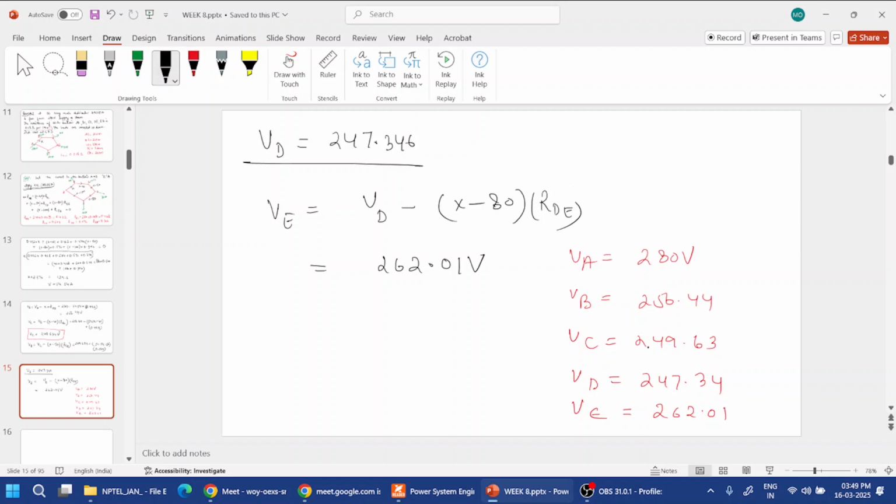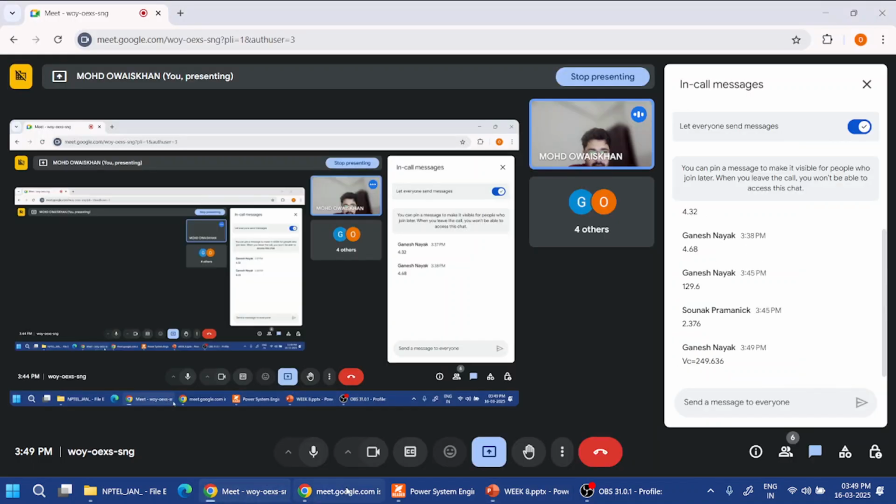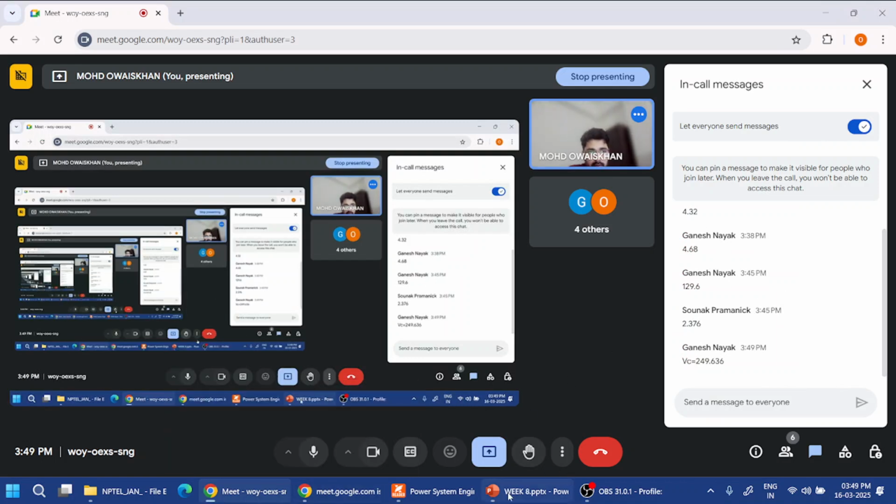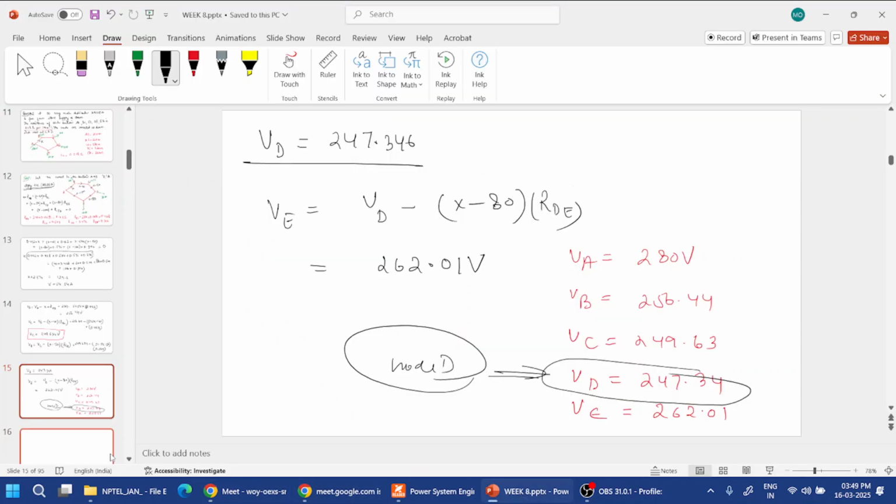You can see that at node D the minimum voltage occurs. It is another question we can frame here. Okay, great. So this is how we have solved this question. I hope you have understood clearly.